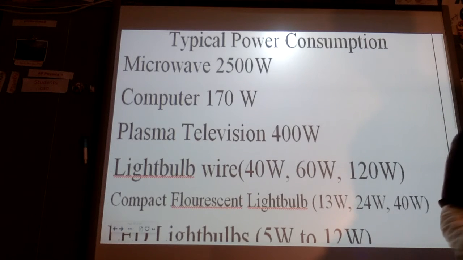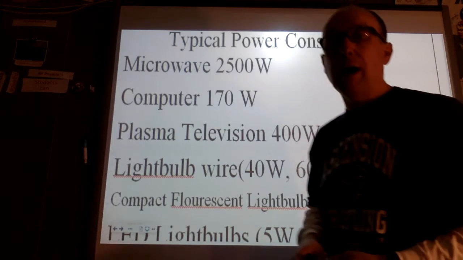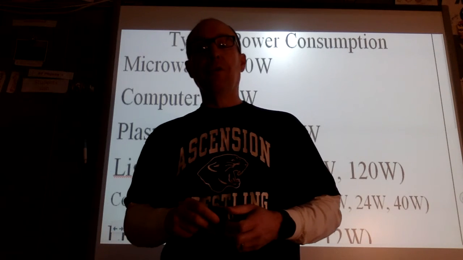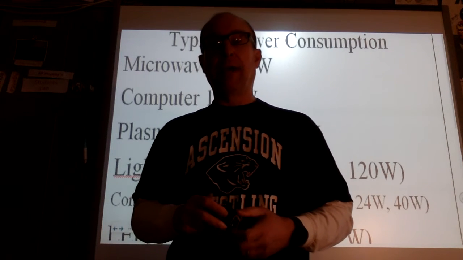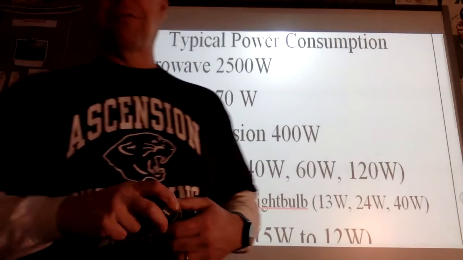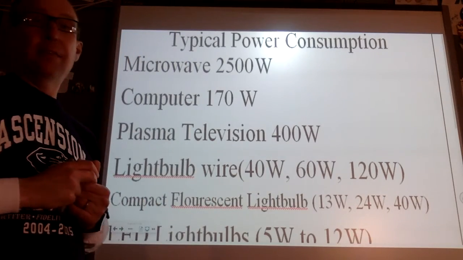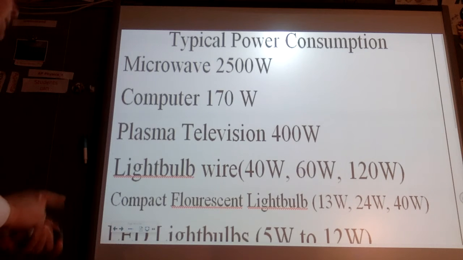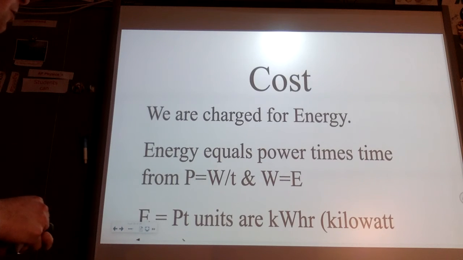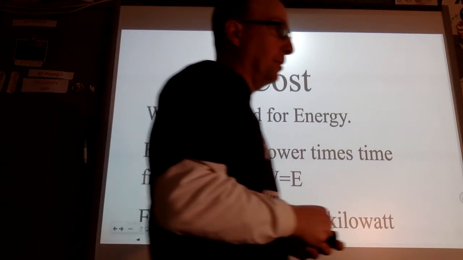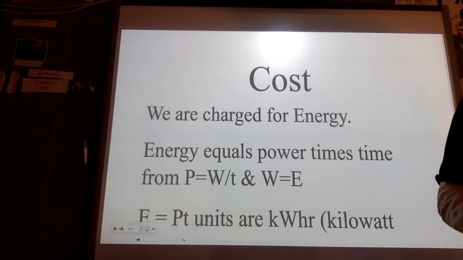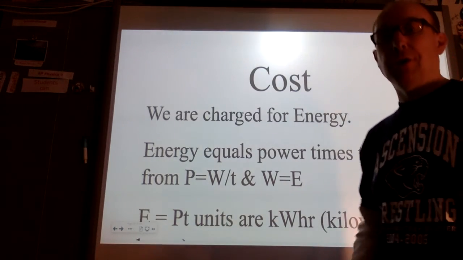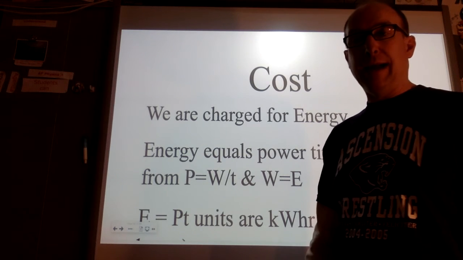Light bulbs typically don't use up a lot, but with the newer compact fluorescents or LED ones, you get the same brightness for an eighth of the energy, a fifth of the energy, depending on what it is. We're charged for energy. So if you get an electric bill, it comes in kilowatt hours.